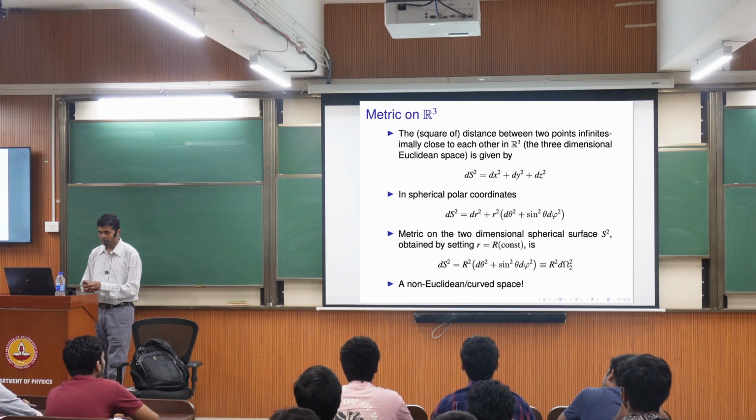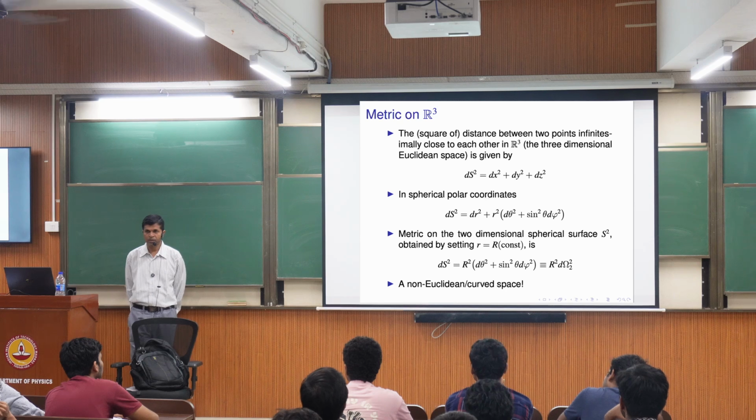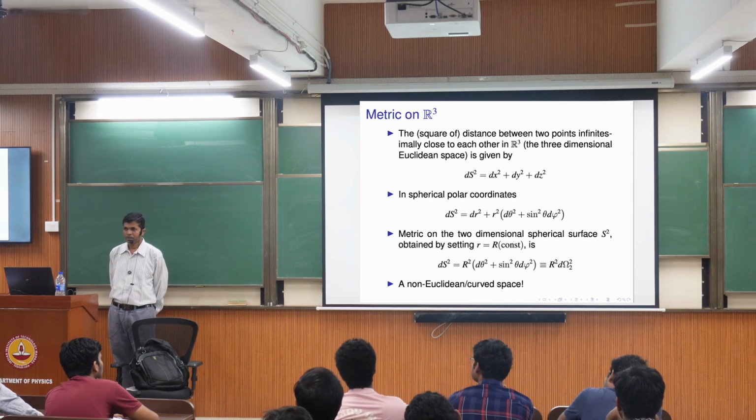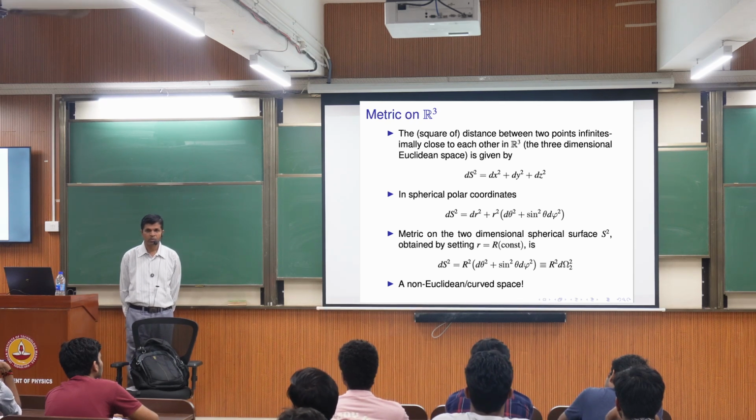So let me talk about something which all of you are familiar with. A metric is a quantity which you can use to measure distances, area, volume, and things like that.